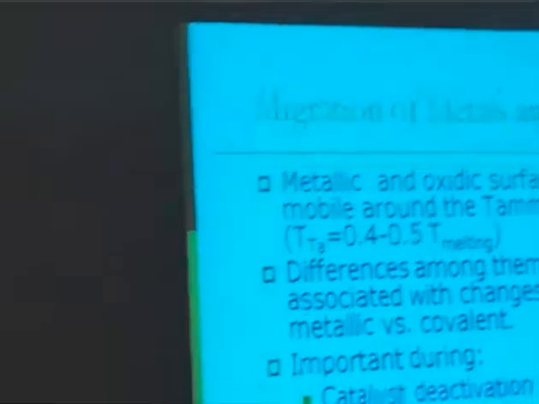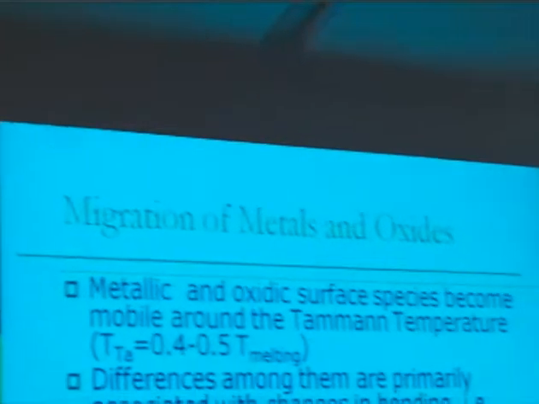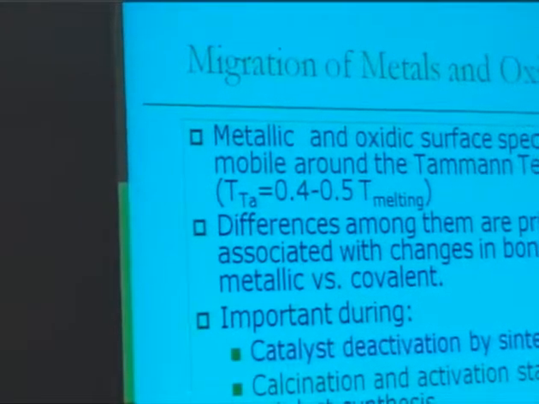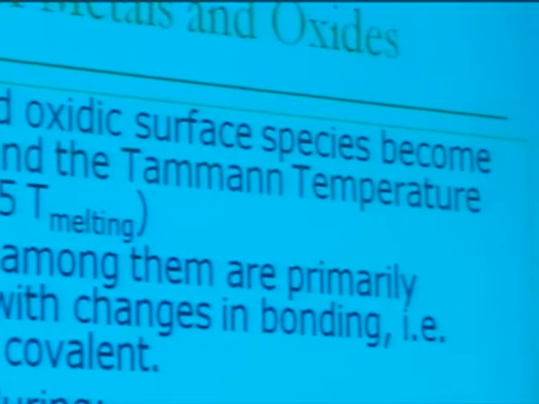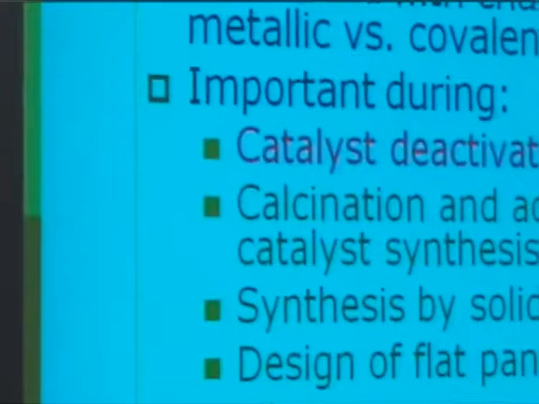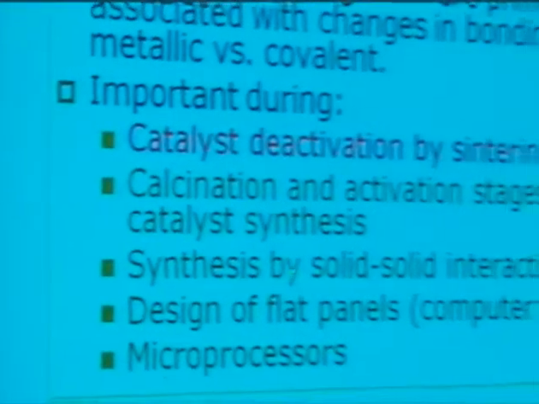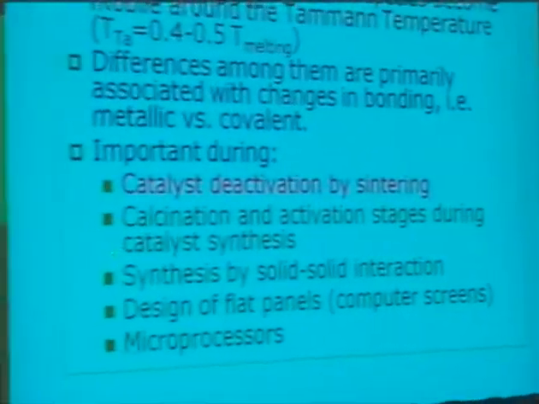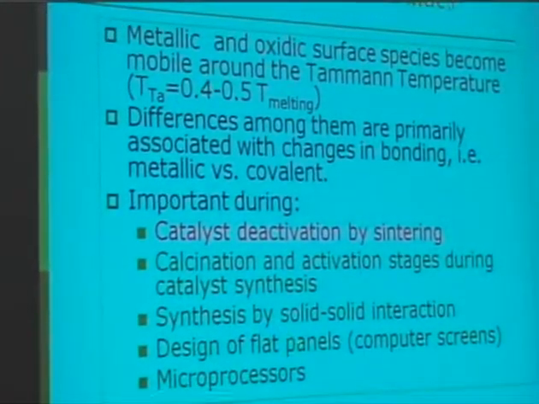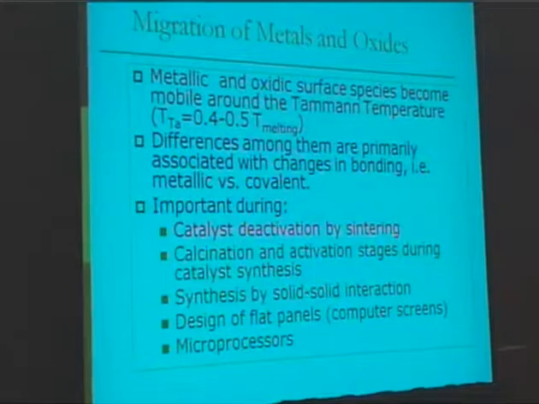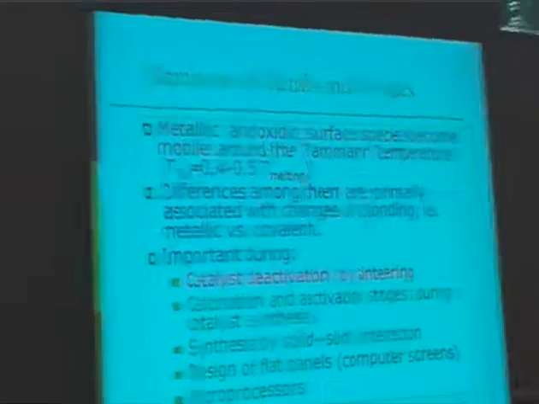The problem of migration of metals and oxides is really quite important, and catalyst sintering is just one of the problems that is associated with that. In principle, it has to do with the problem during synthesis, different types of synthesis, but also you can go into microelectronics, and that's an important issue, the fact that you have migration of both metals and oxides or even sulfides.